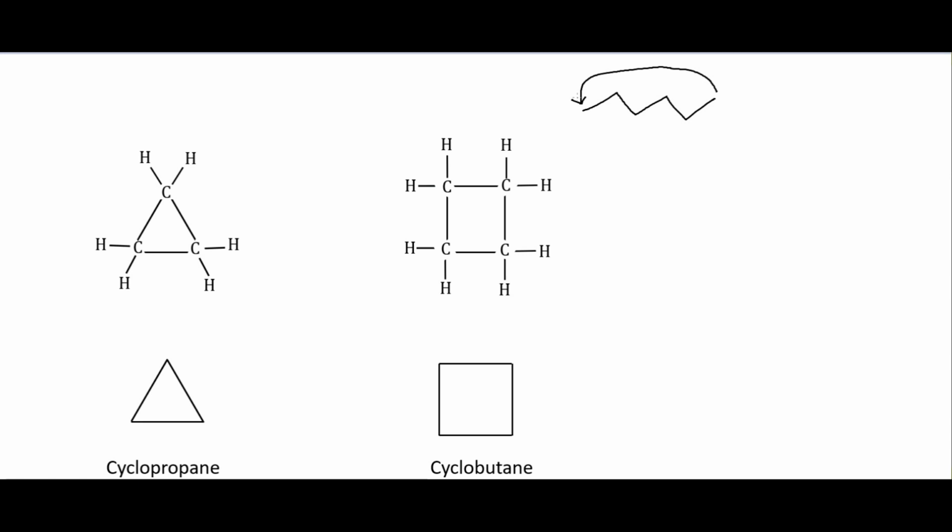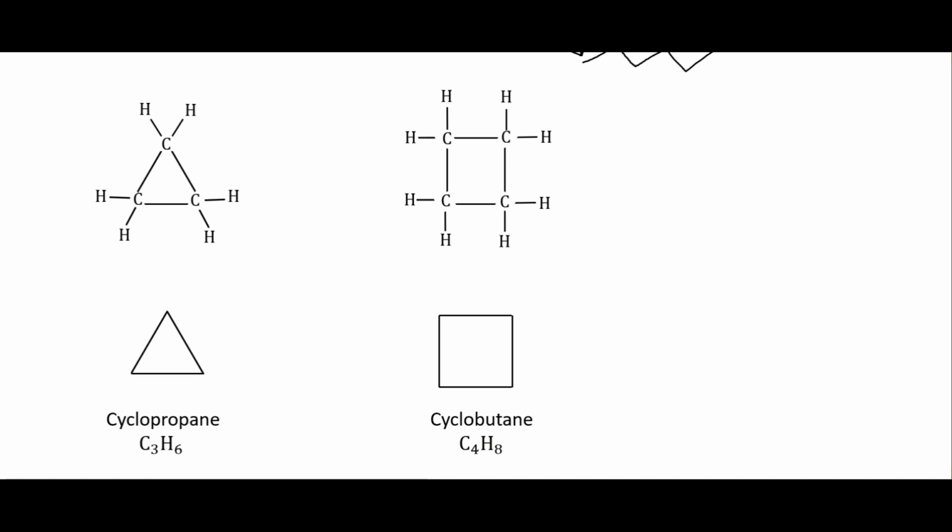And this is going to introduce some new chemical and physical properties to our molecules here. The first two we're looking at are cyclopropane and cyclobutane. Remember, propane is a 3-carbon hydrocarbon and butane is a 4-carbon hydrocarbon. I have the hydrogens put explicitly here, and then this is just the line drawing.